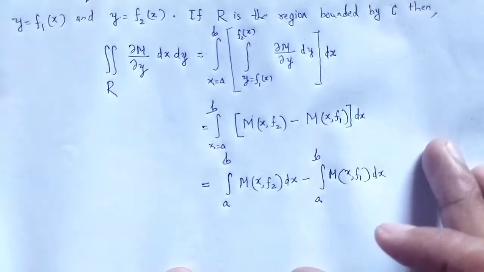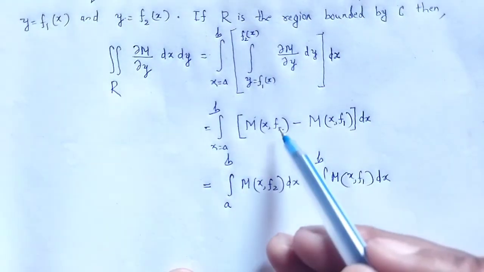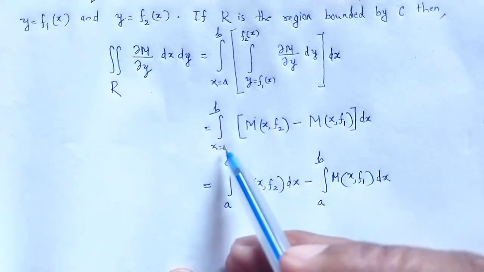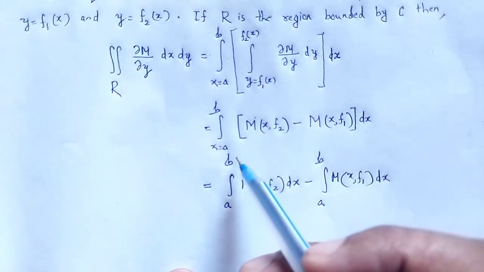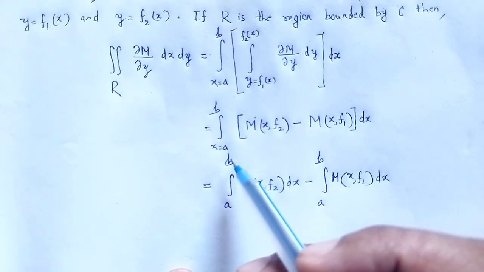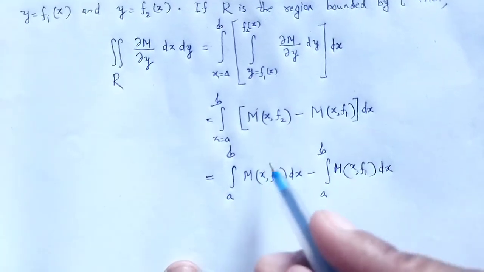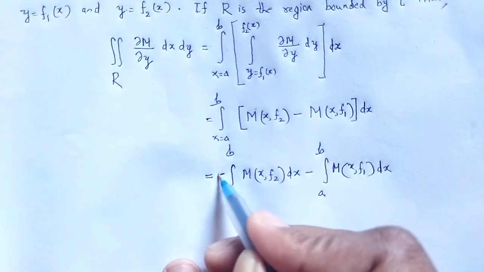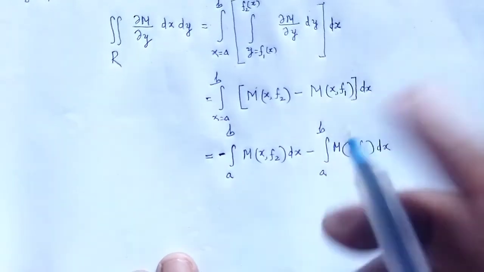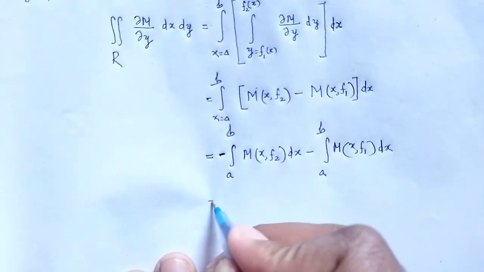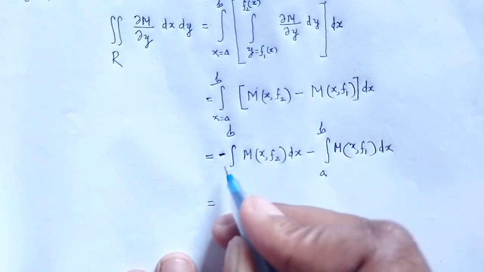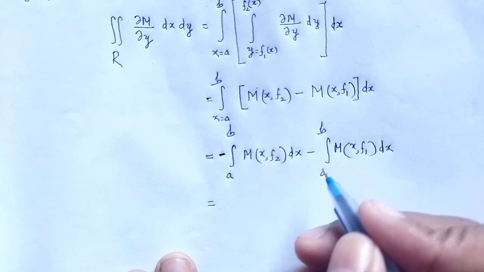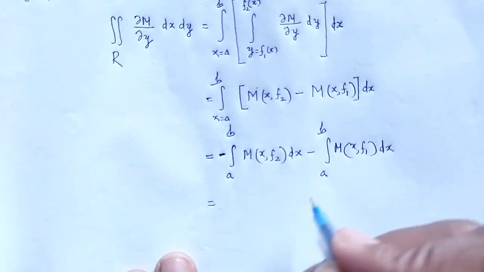Look here, that is M(x,f2) dx from a to b. When it is reversed, I implement a negative sign here. That's why the entire term can be written as a to b minus a to b, that is the entire closed curve C.